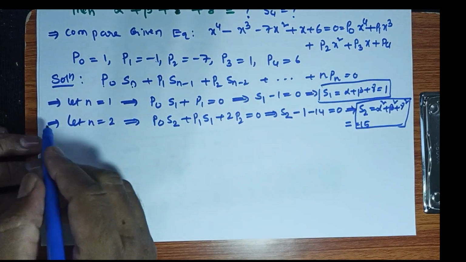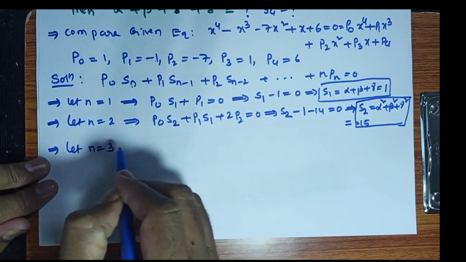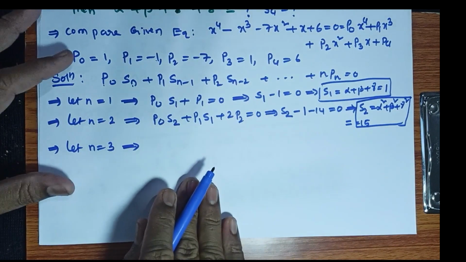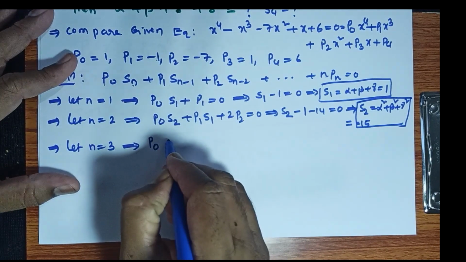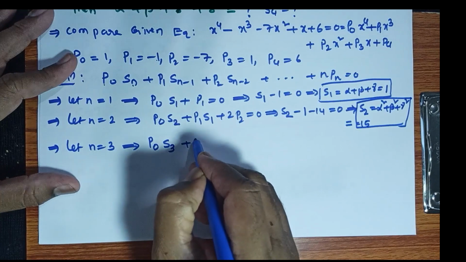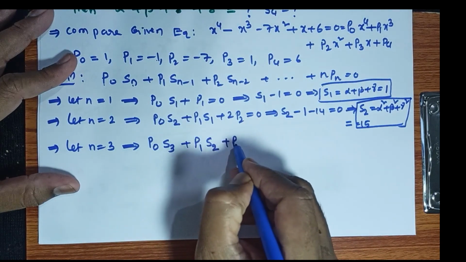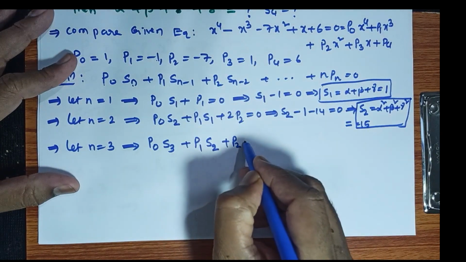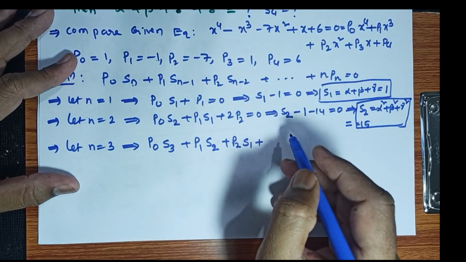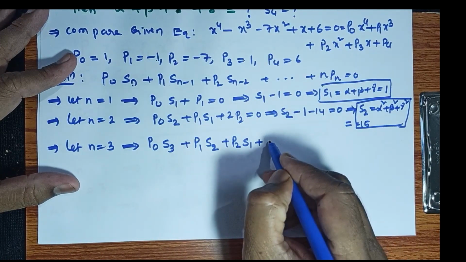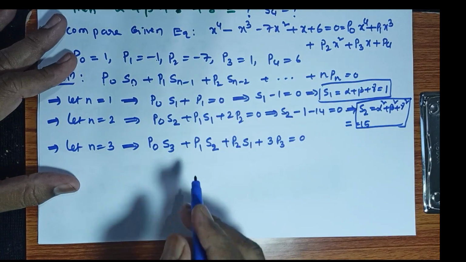Next, let n is equal to 3. Substitute here: p0 S3 plus p1 S2 plus p2 S1 plus 3 into p3 is equal to 0.